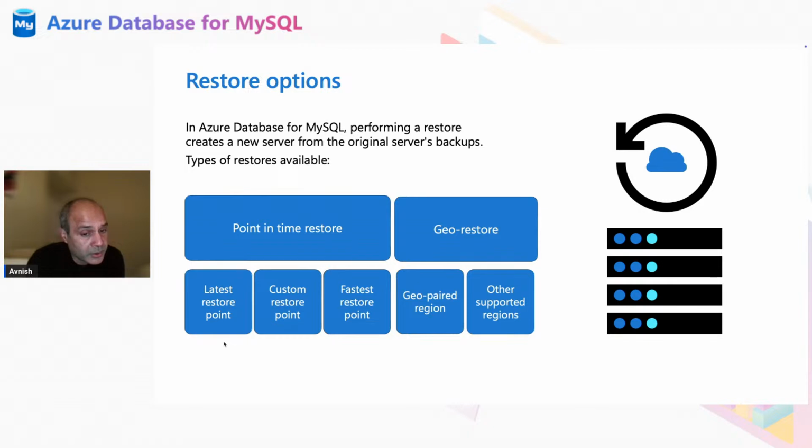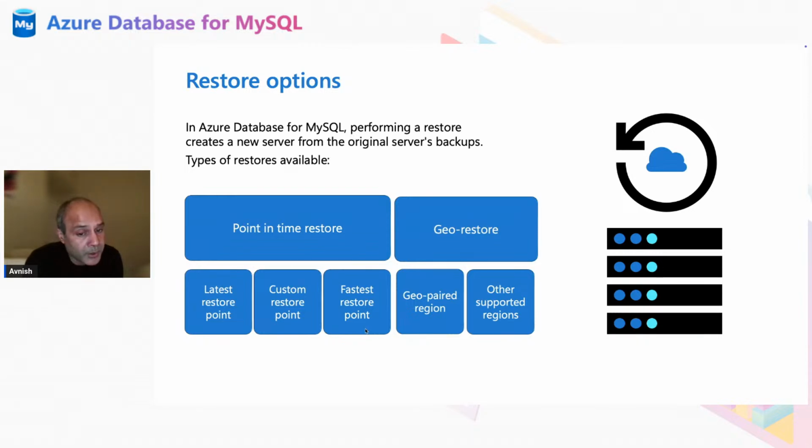The second option is the custom restore point. So let's say you want to restore your MySQL instance to midnight last night. In that case, again, we will use the last full backup and apply all the pending bin log files to bring it to the requested point in time.